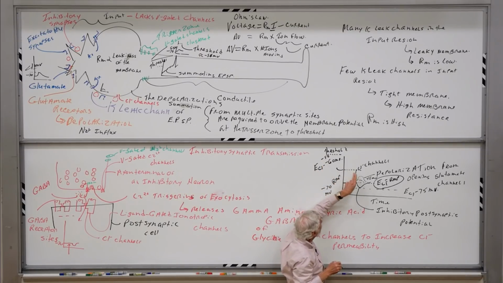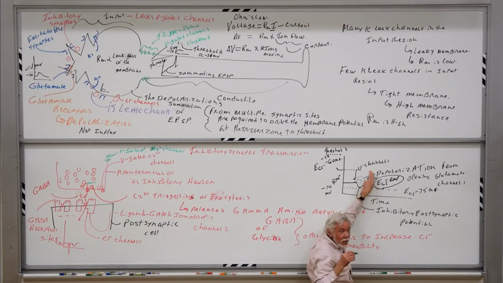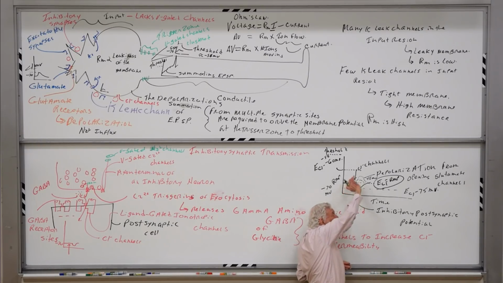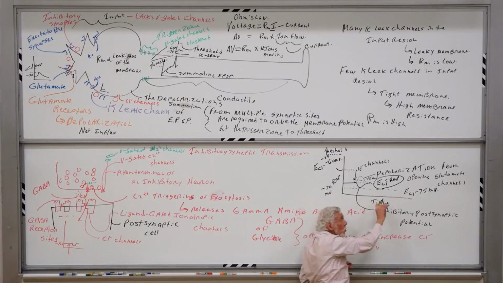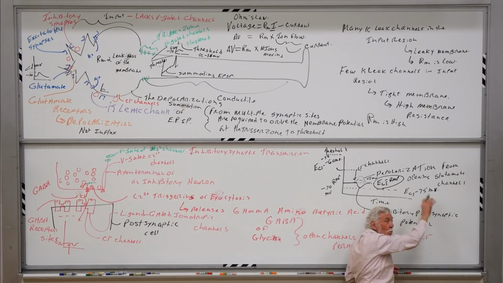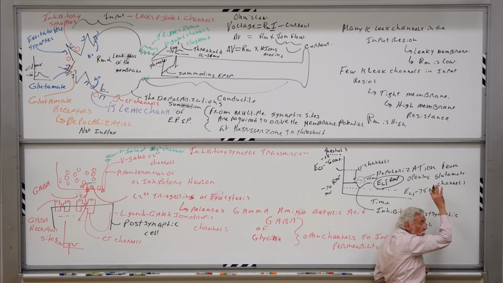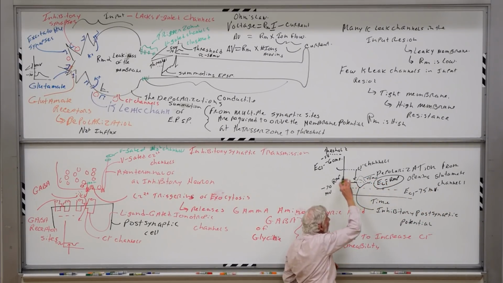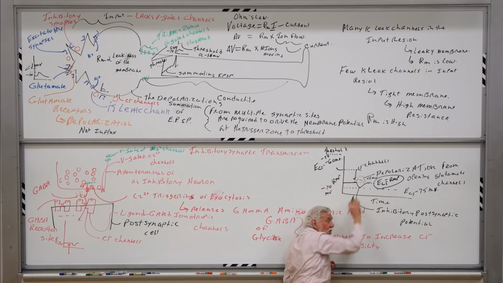And so you'll fix the membrane potential at the equilibrium potential for chloride. And even if it's more positive, it continues to be inhibitory because you're not driving the membrane potential above threshold. So regardless of where you set the equilibrium potential for chloride, because of driving the membrane potential to the equilibrium potential for the ion whose permeability is dominant, you'll inhibit the membrane potential by keeping it fixed at that point.